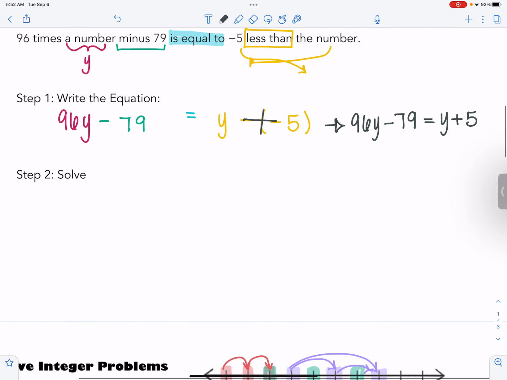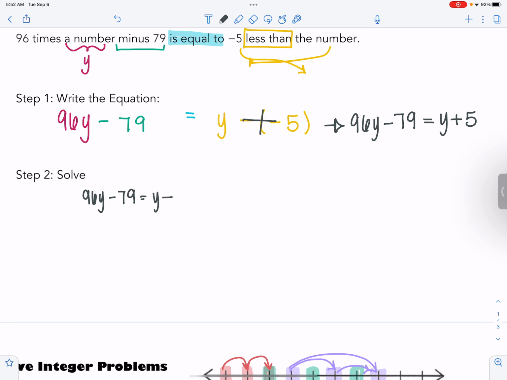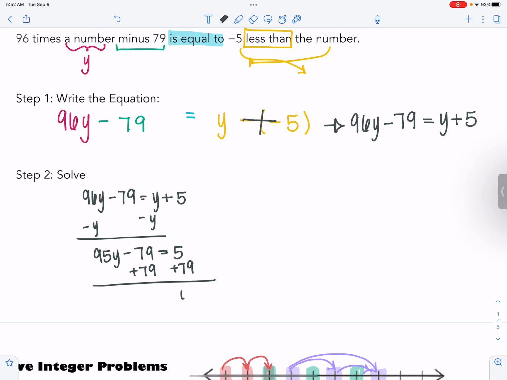Now, step 2 says to solve that equation. And so I'm going to rewrite this and then solve it. I want to get the y's on one side. And then I want to add 79 to both sides, which is going to give me 84 over there and 95y.